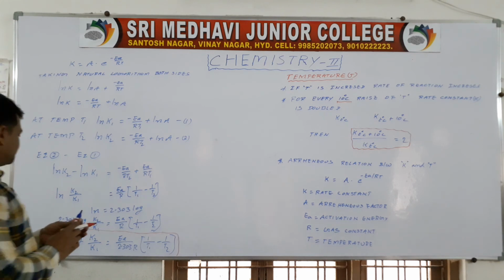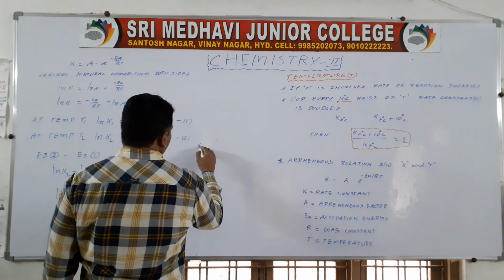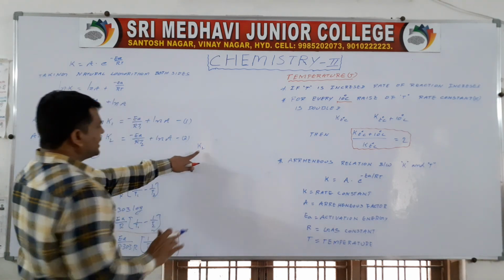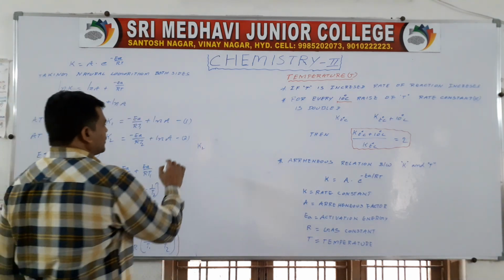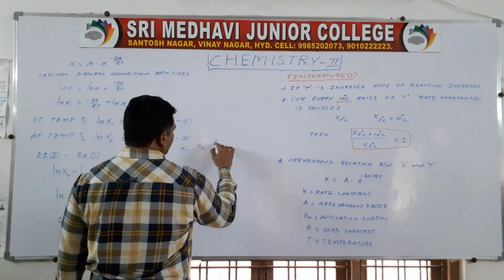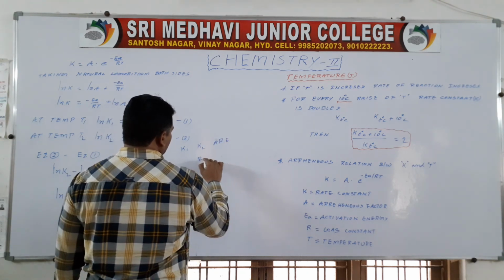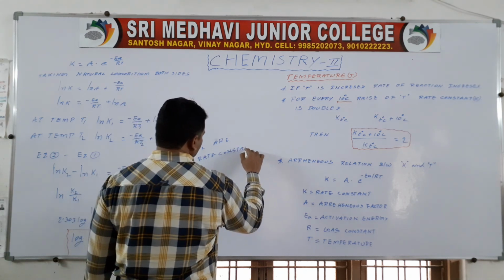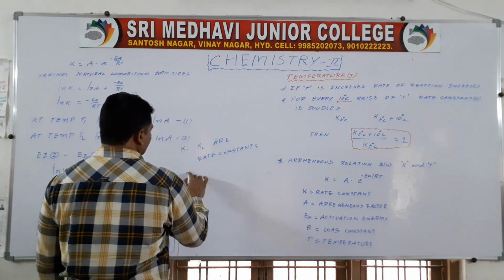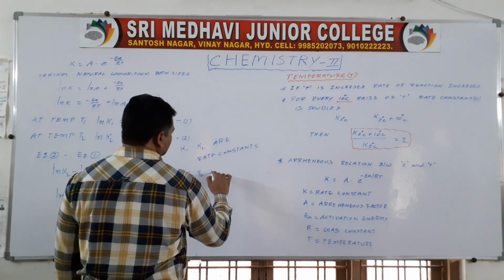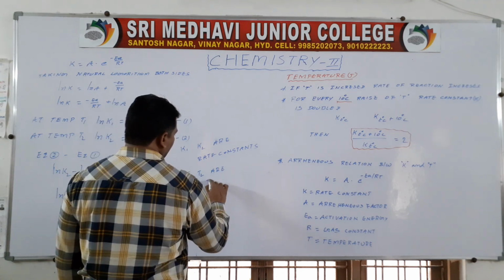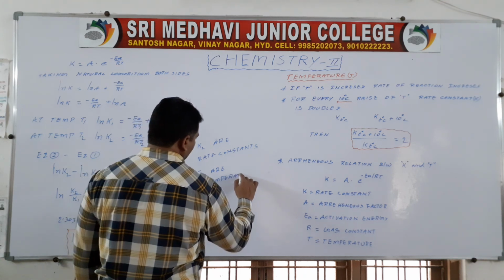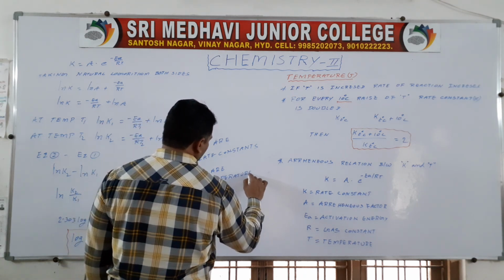Here you have to know: K1 and K2 are rate constants, T1 and T2 are temperatures, EA equals activation energy, R equals gas constant, T equals temperature.